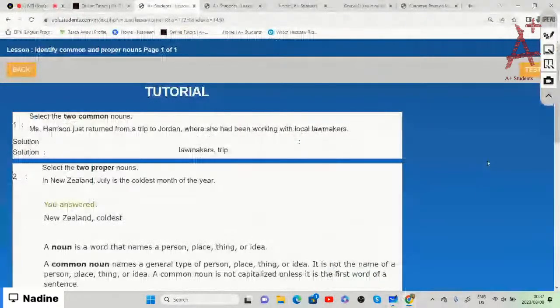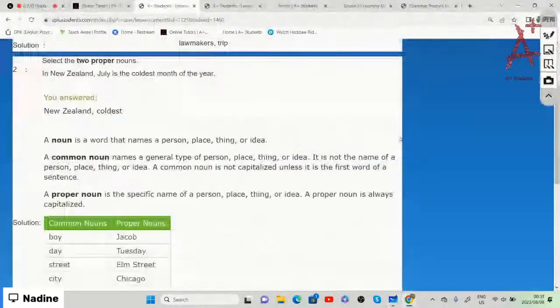So now we're gonna go on to our test where we have identified common as well as proper nouns, right? And we went over a few examples of a common noun as well as a proper noun. So now we're going to do our test. And before we do our test, just a friendly reminder that a noun is a word that names a person, a place, a thing, or an idea, right?